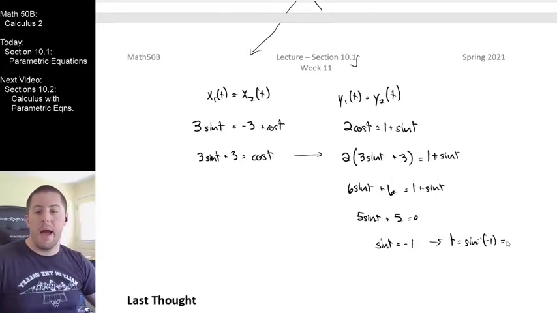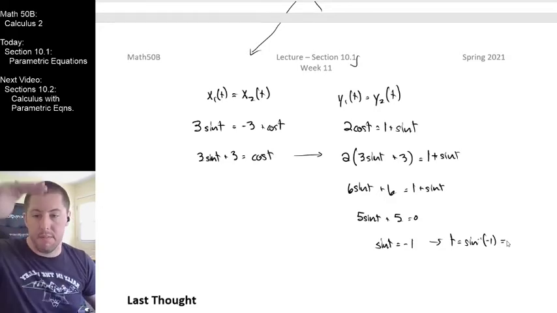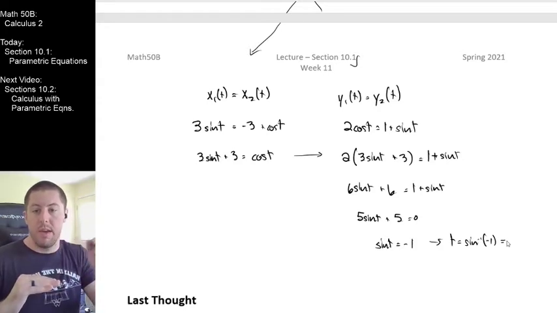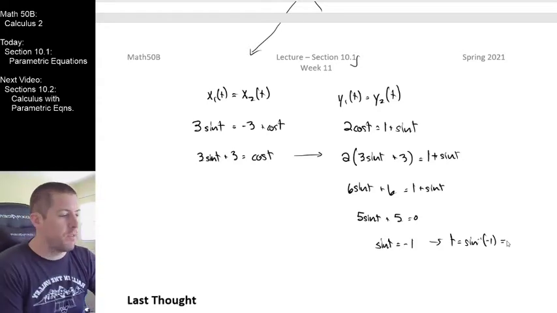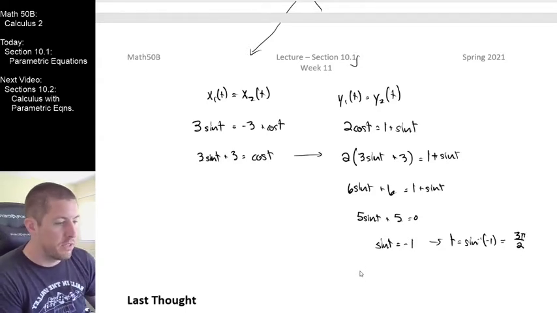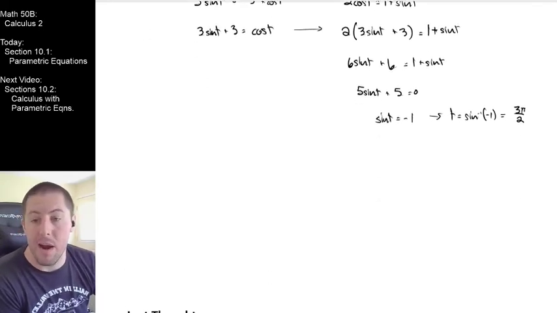What angle are you at when the output from the sine function is negative 1? Sine measures vertical height on the unit circle. We're at a height of negative 1 on the unit circle, and we have done 3 pi halves rotations here. So it looks like 3 pi halves. So the time of collision is 3 pi halves. But what I'm probably interested in is where is the collision?